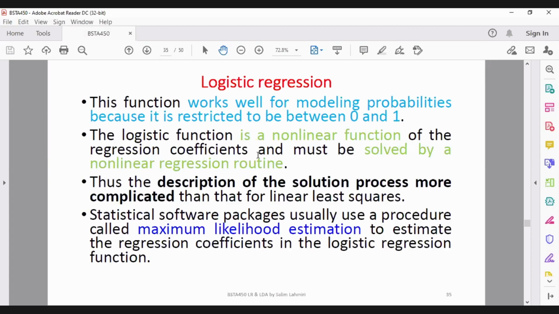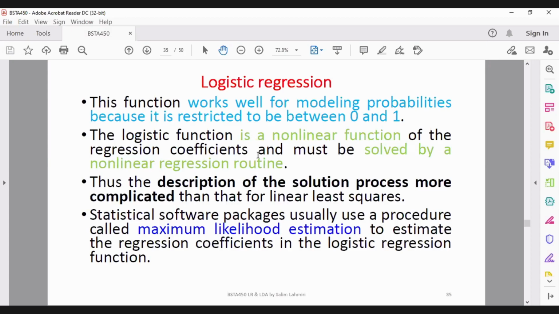But similarly, when we calculate the optimal B's under linear regression, we write a minimization problem where the sum of squares is minimized. In the logistic regression framework, we minimize the misclassification rate with respect to the probability of y equal to 1 and the probability of y equal to 0.